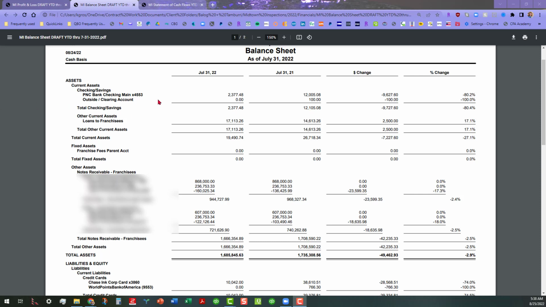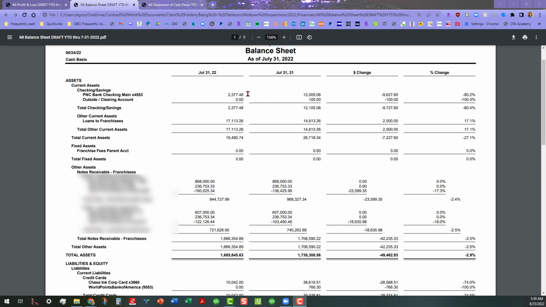But then we come to our balance sheet and we see that as far as cash in the bank, and we're not looking at any other assets at this point, just cash in the bank, you can see that in our main checking account, which is the only cash account that we have in here, we only have a little over $2,300. Almost $2,400 in our checking account.